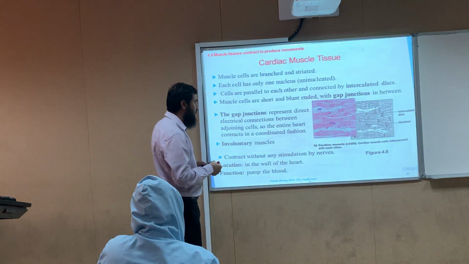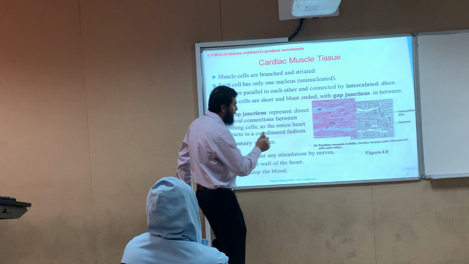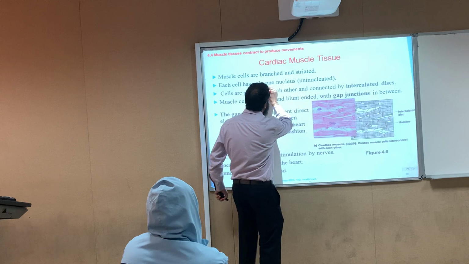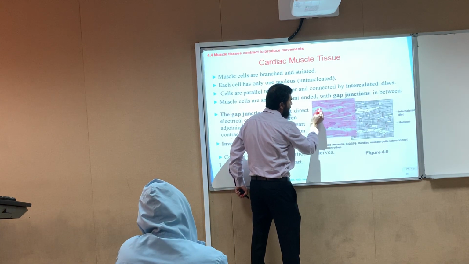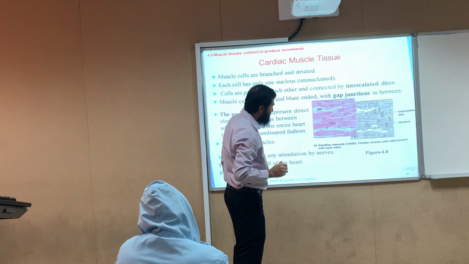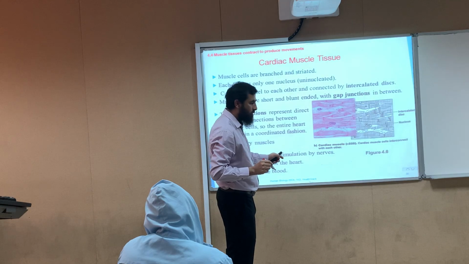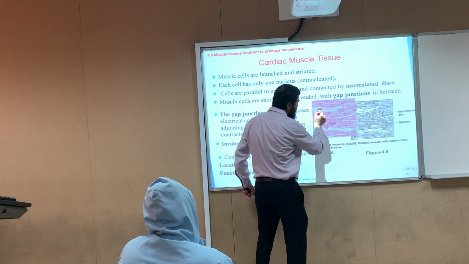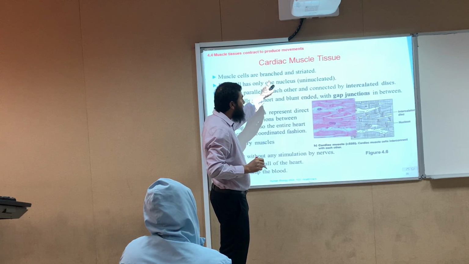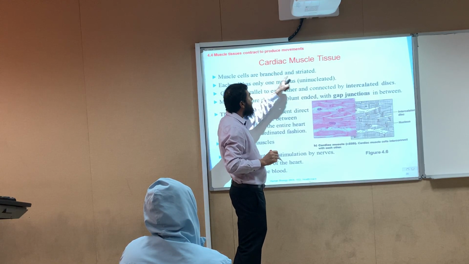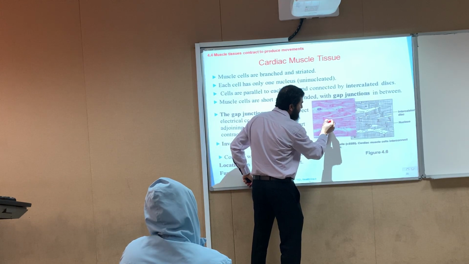So what we find in the cardiac muscle is that it has one nucleus, or is uninucleated. So each cell will have one nucleus, okay? And you don't find it in the periphery, as we did before. So the cells contain one nucleus, but the similarity is that it has striations, the actin and myosin.